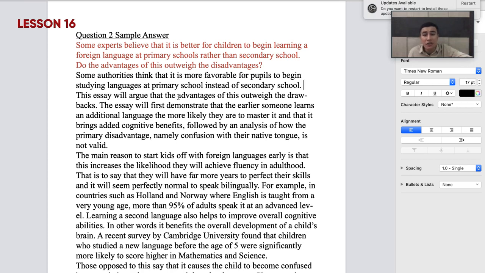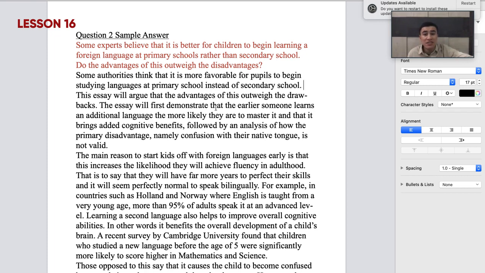This essay will argue that the advantages of this outweigh the drawbacks. Okay, as you can see, we are clearly stating that we are going to argue that advantages outweigh the disadvantages.